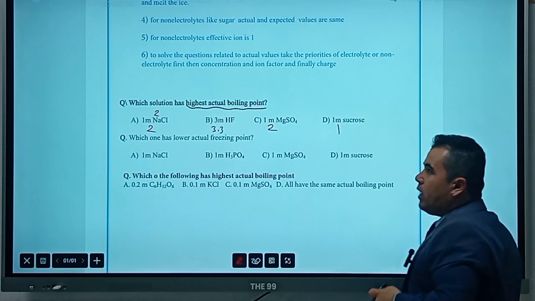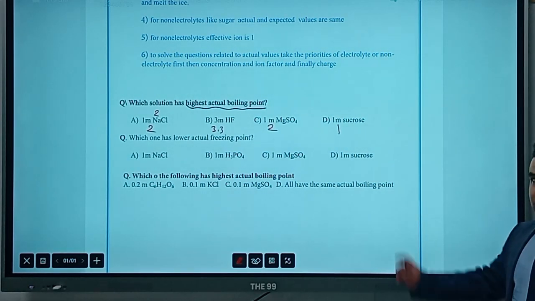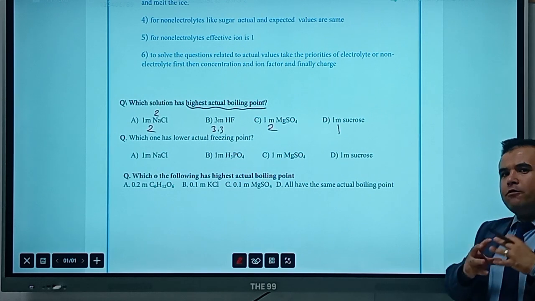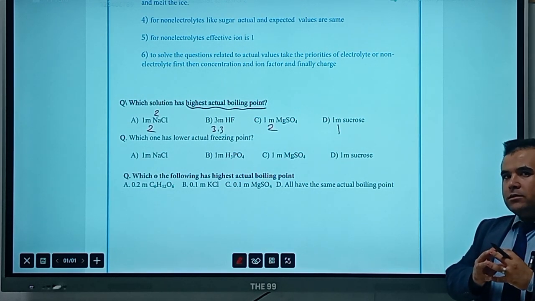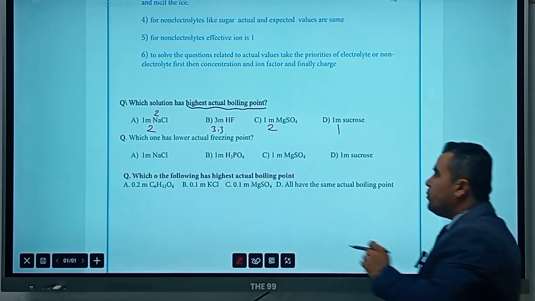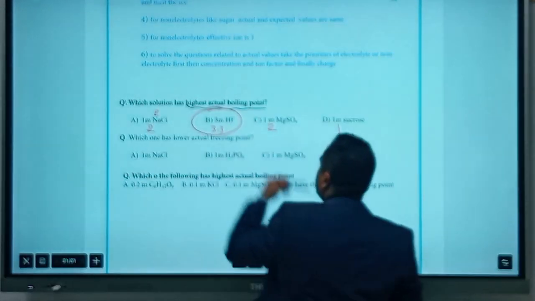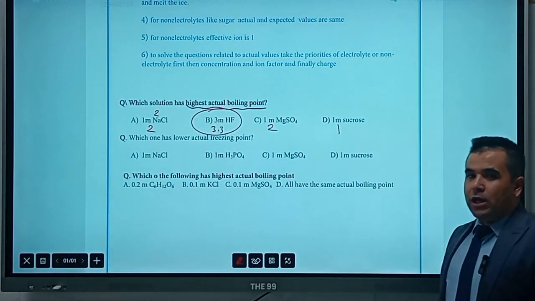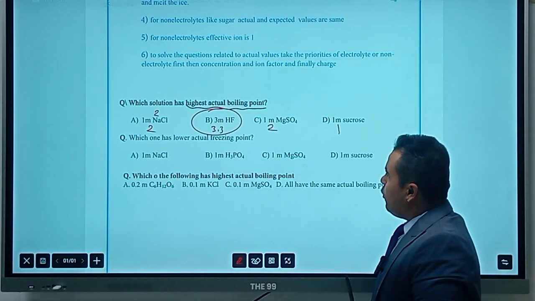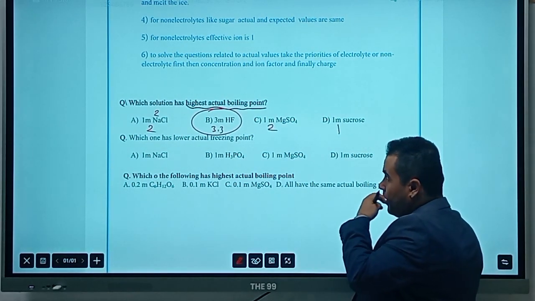Of course, the one with the higher value decides in the ion factor and molality. We do not pass to the charge. So B is the correct answer here. The one with the higher ion factor and molality results in a higher actual boiling point.